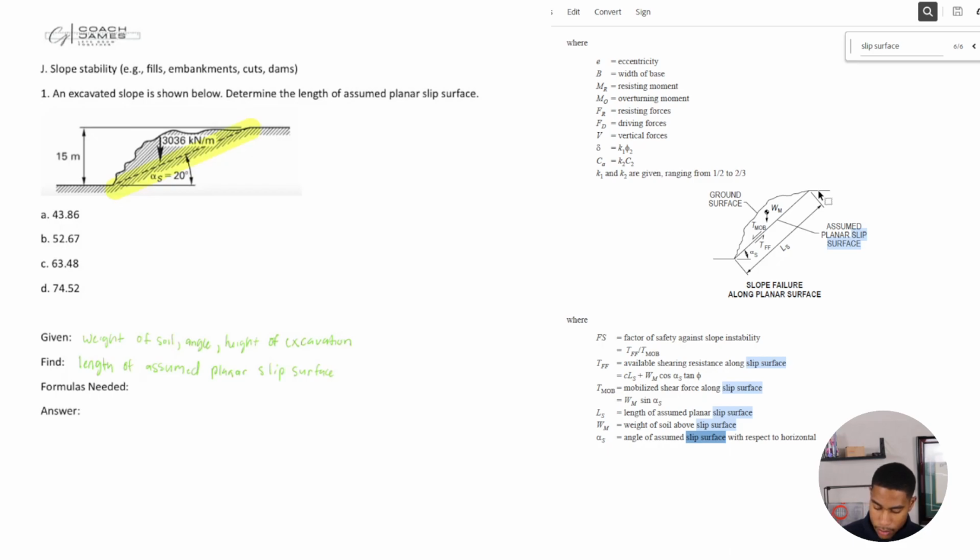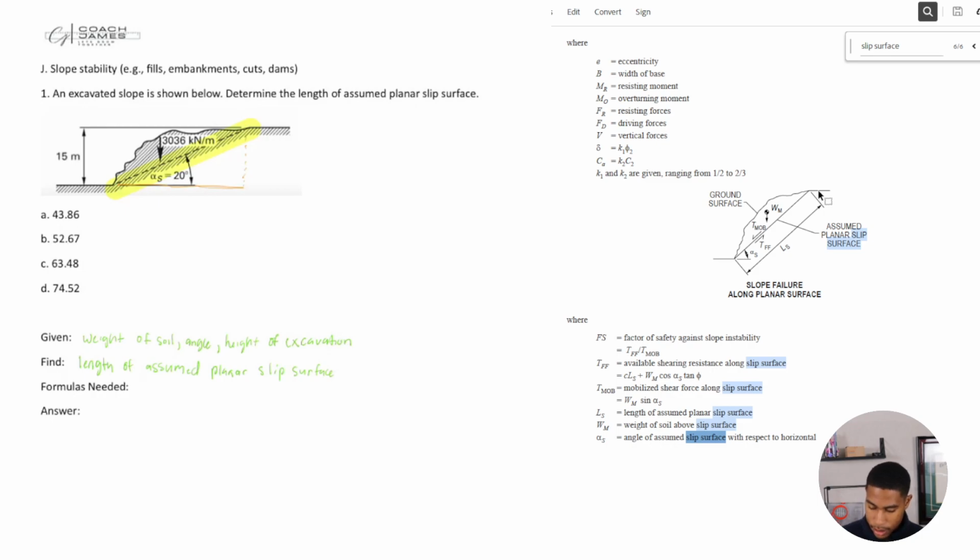Because they're just saying they want to know the hypotenuse of this triangle, right? We have the height of it. Let's get a right triangle. If I have the height, I have the opposite, right?